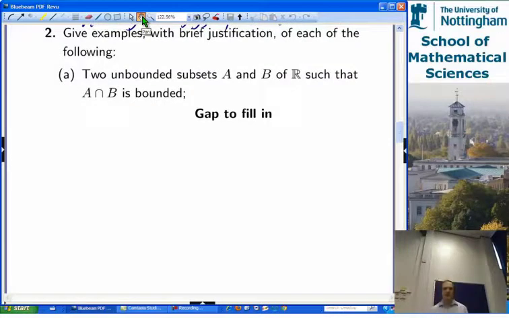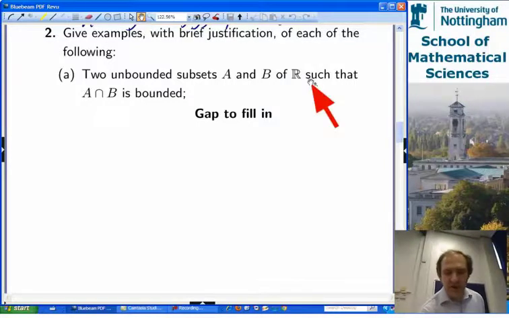Okay. So this one is about giving examples. I'll show you both of the questions, just so you can think about both at the same time. This is give explicit examples.